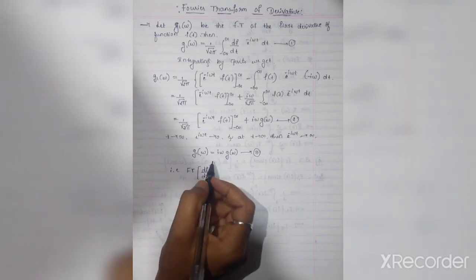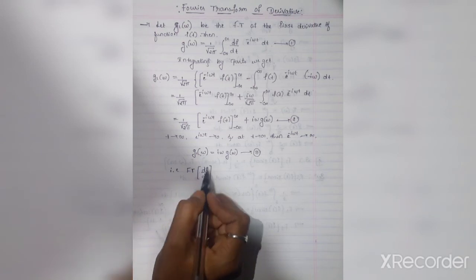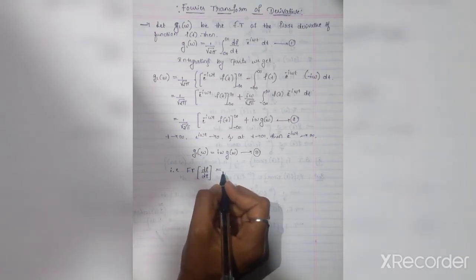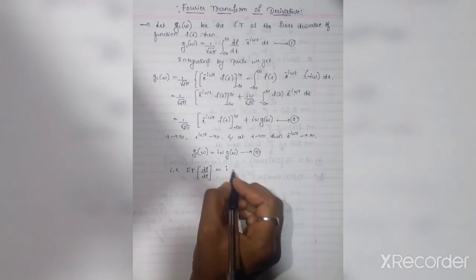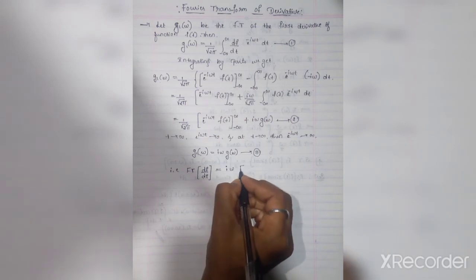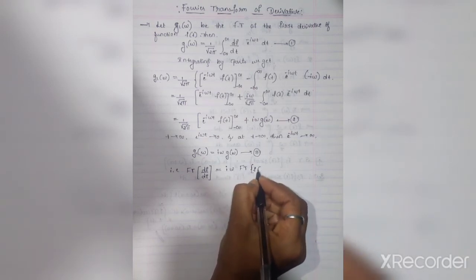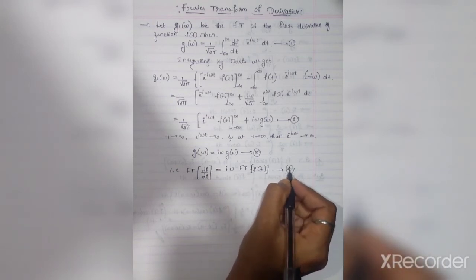Fourier transform of f of t can be written as g of omega. So I am just rearranging the terms. First you must have the definition perfect, then only you can understand how I wrote this step. Fourier transform of df by dt equals I omega times the Fourier transform of f of t. Consider this as expression number 4.